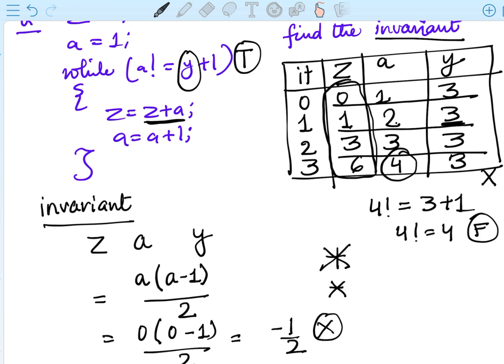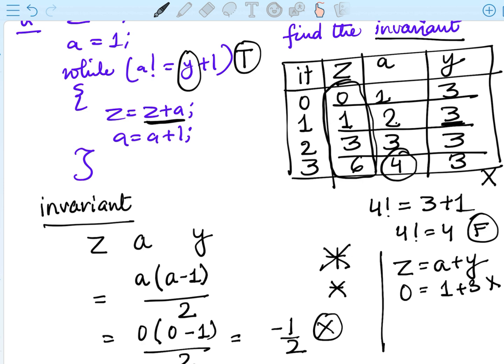Now let us suppose we are checking z equals a plus y as the invariant. Z is 0, 1 plus 3. Can it be true? No, this is also not the invariant. So this is how you keep guessing the invariant until you find one. Okay. No invariant is getting true.